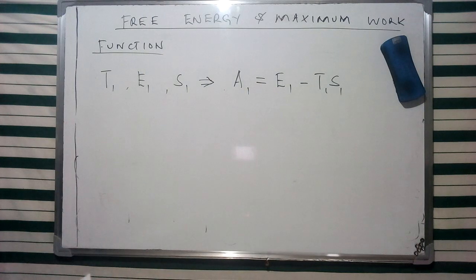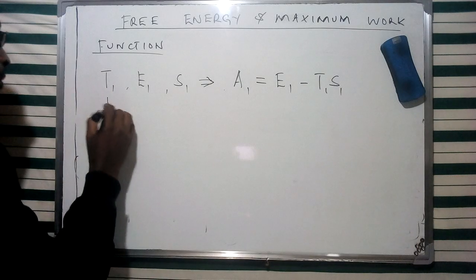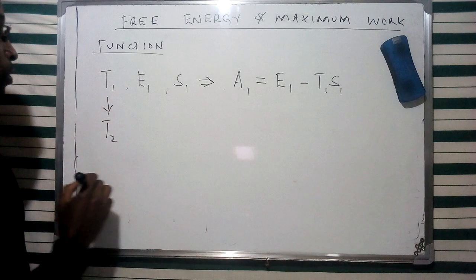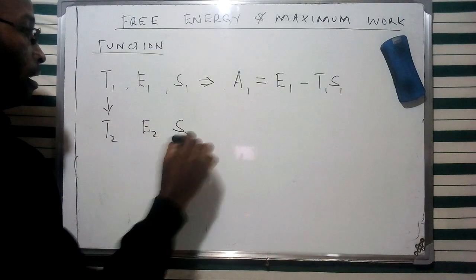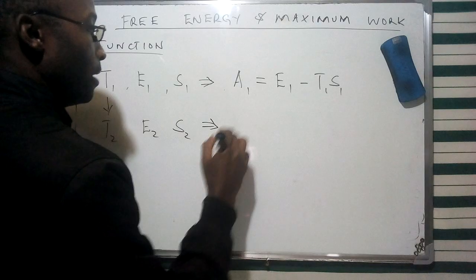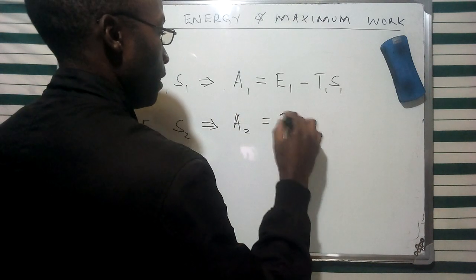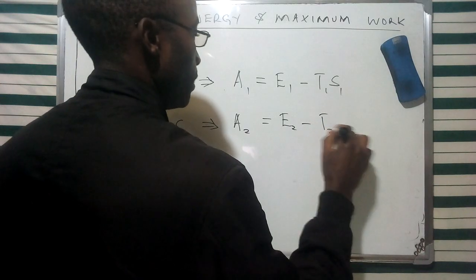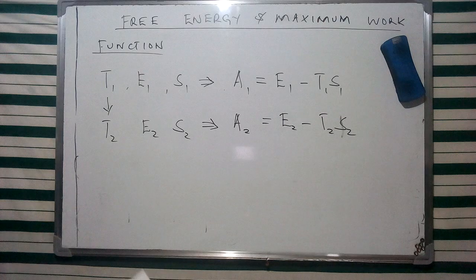After some time, once a variable has been changed, for instance if you move to temperature 2, we will have E2 and S2, and that implies a second state of the Helmholtz free energy given in terms of T2 and S2 respectively.